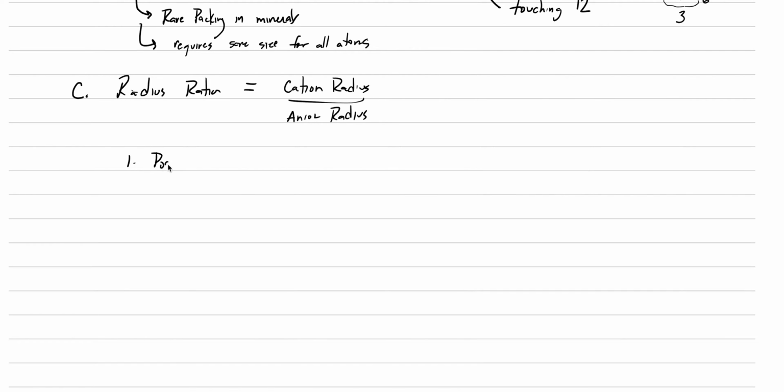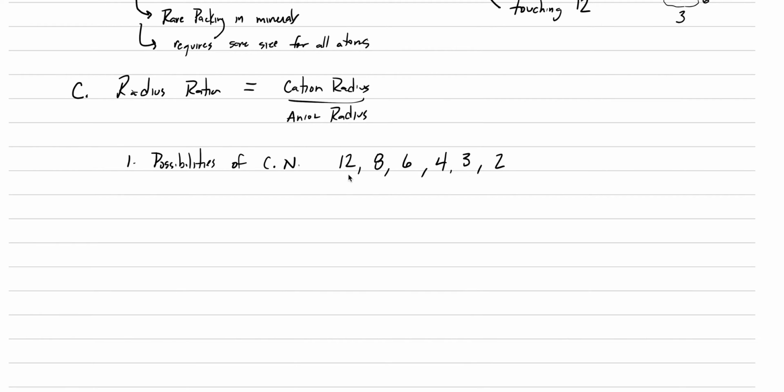So the possibilities of coordination number, and I'll write C.N. for coordination number, can be 12, 8, 6, 4, 3, and 2.